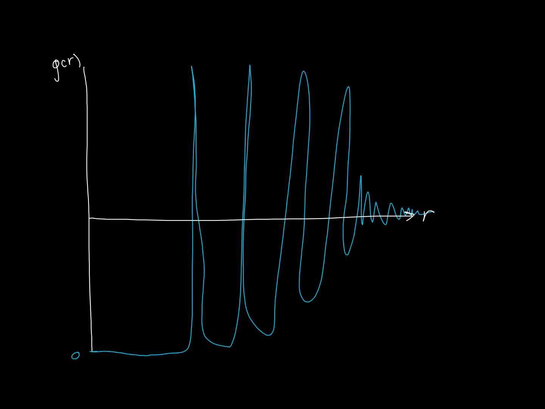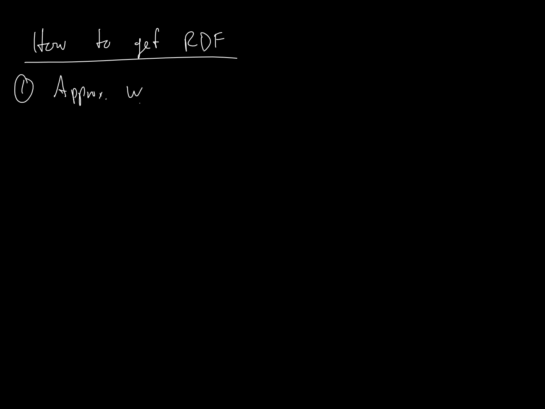Okay, so let me just wrap up really quickly. How do we get the radial distribution function? Well, we can approximate it with statistical mechanics using something called the Ornstein-Zernike equation.